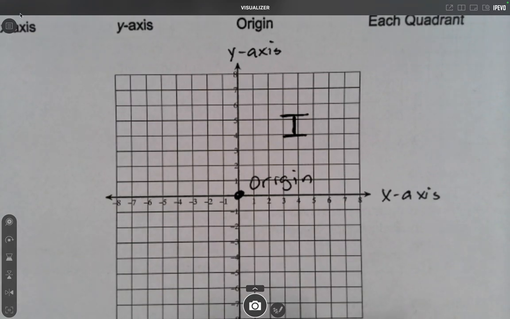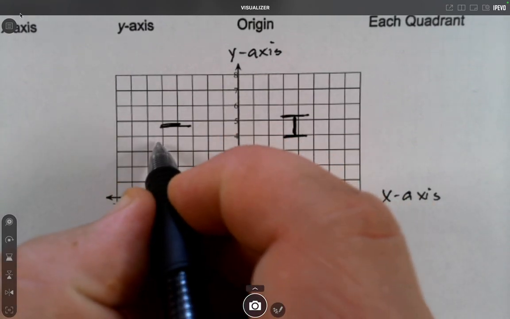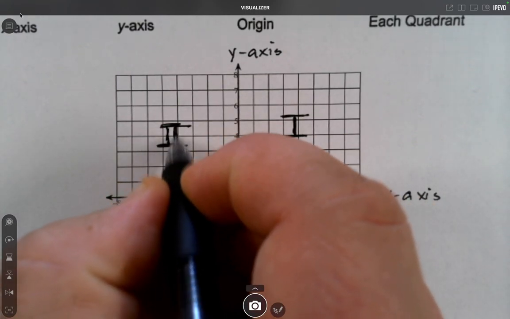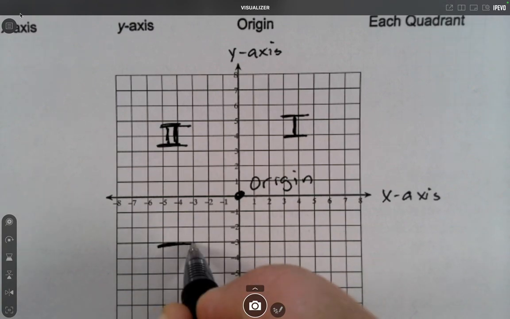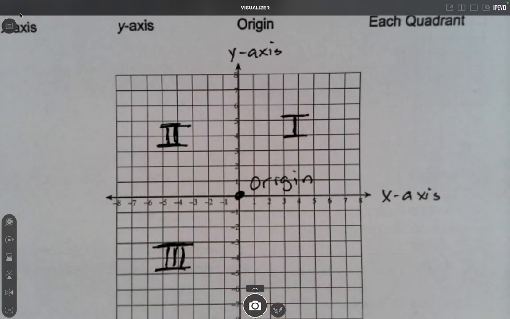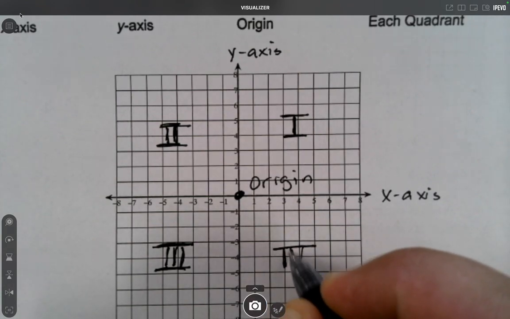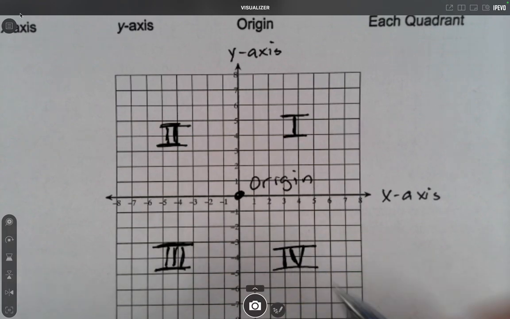And then for reasons I don't know, they go counterclockwise. So this is 1, then you go counterclockwise. This is 2. This is 3. And the last one is 4. So that's I, then a V in Roman numerals.